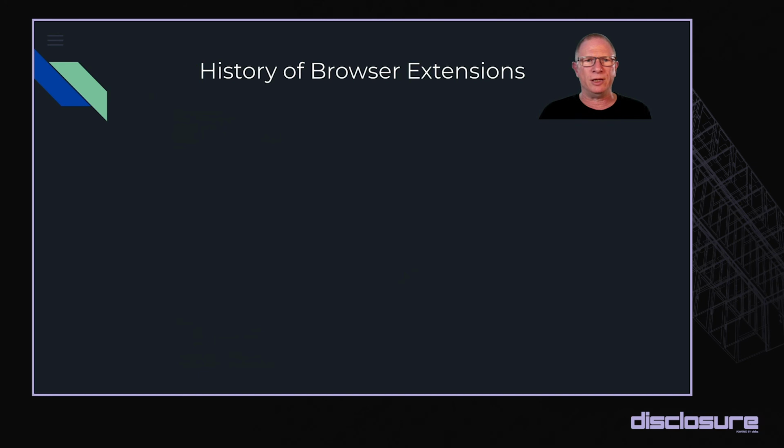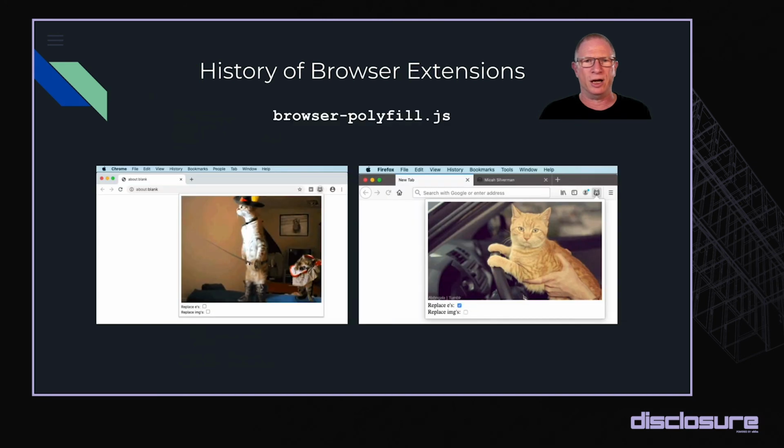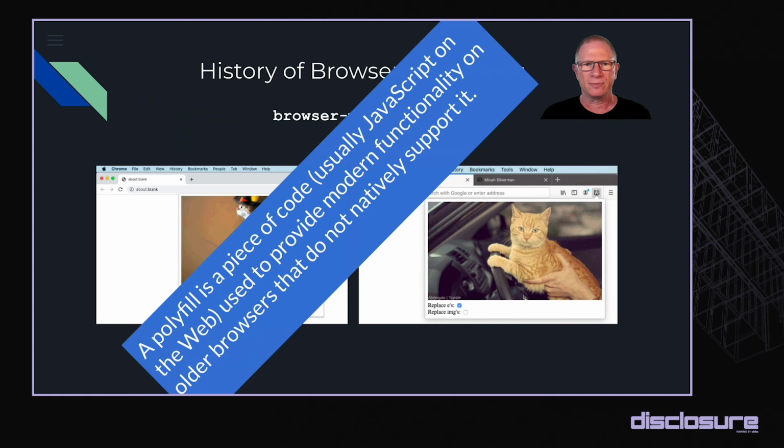Now, as we went on in the history of browser extensions, Mozilla Firefox did us a solid and came up with browser-polyfill.js. A polyfill is a piece of code used to provide modern functionality on older browsers that do not natively support it.